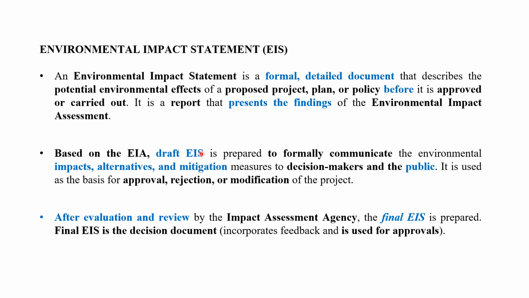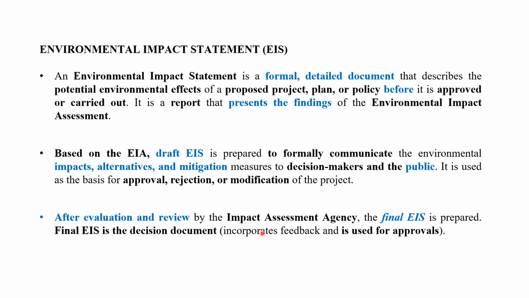The draft EIS is normally submitted first for environmental clearance, and after getting feedback from the decision makers or the public, modifications are made in the report, and the final EIS is prepared.